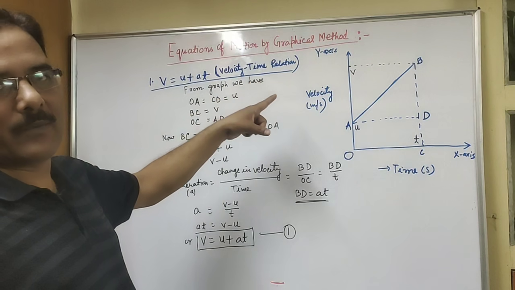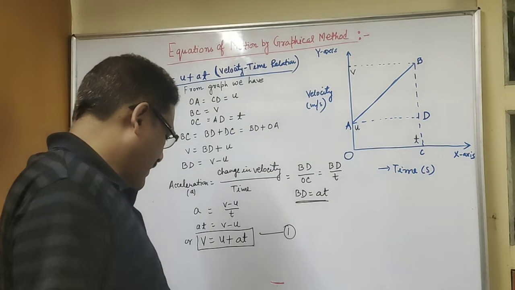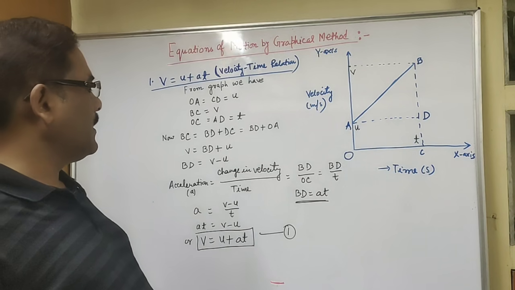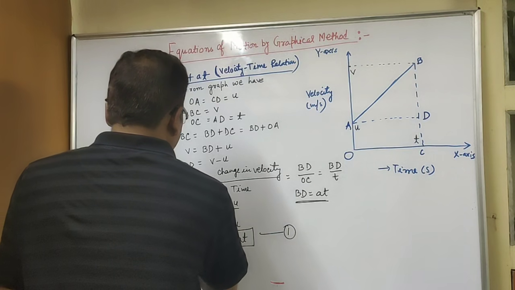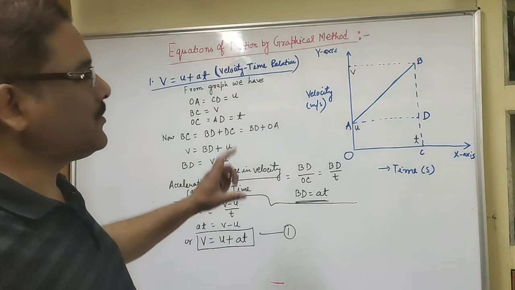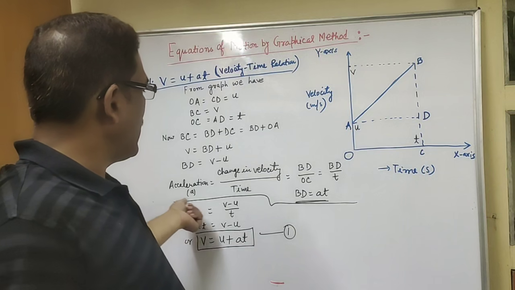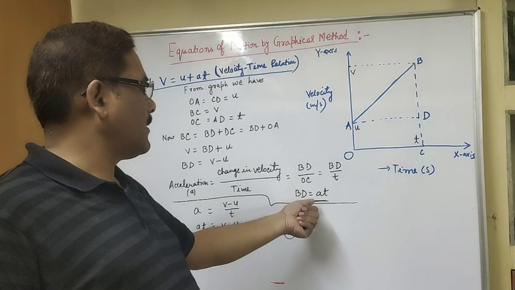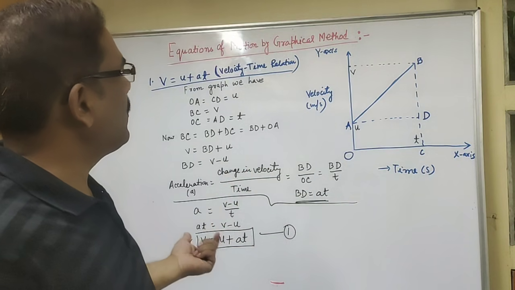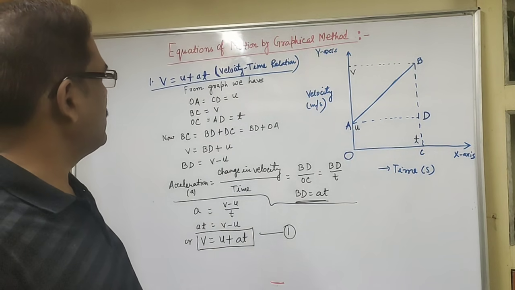This is velocity time relation, then we will derive position time relation, and then position velocity relation. So in all the equations this much is common. It means you have to draw the graph, you have to describe the graph in short, and you will derive up to this point BD is equal to AT, and then according to the equation you have to choose the methods.